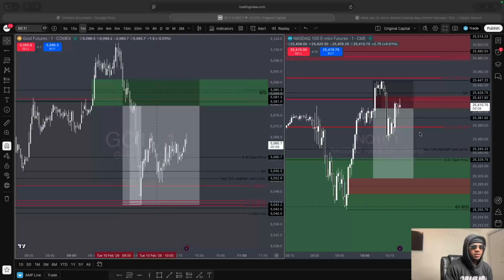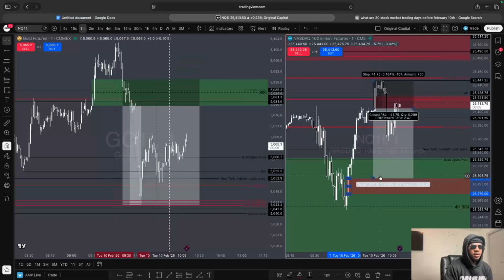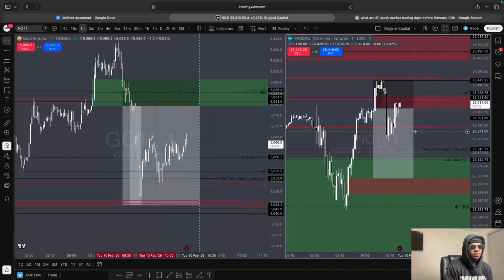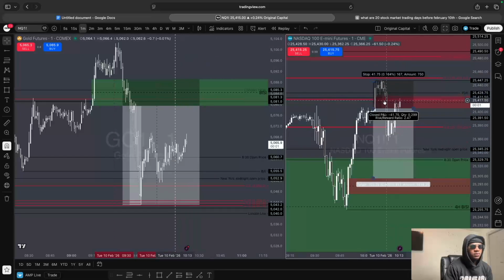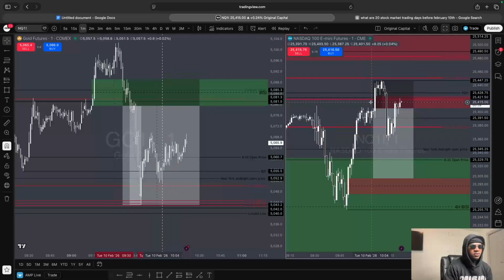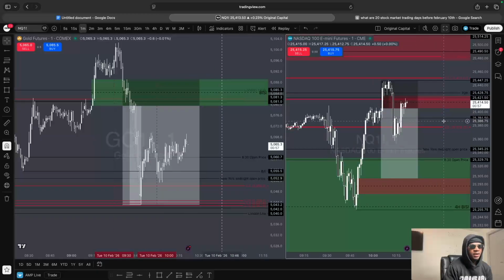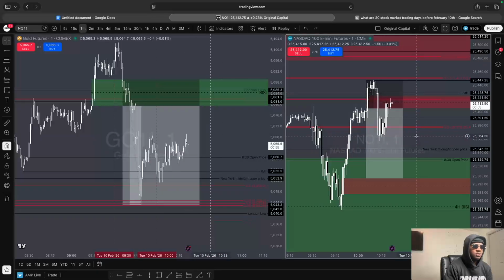I'm not gonna lie, these NQ shorts look good down in here. Good risk to reward. You've got the inversion of this model 2022. Take out relative equal highs. This looks good.